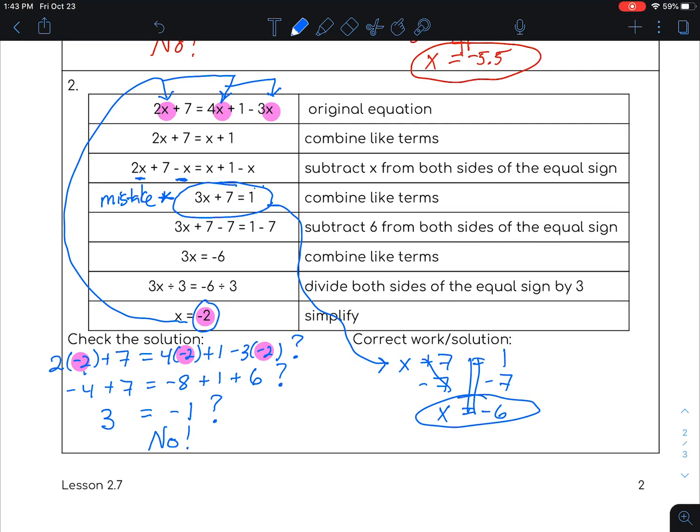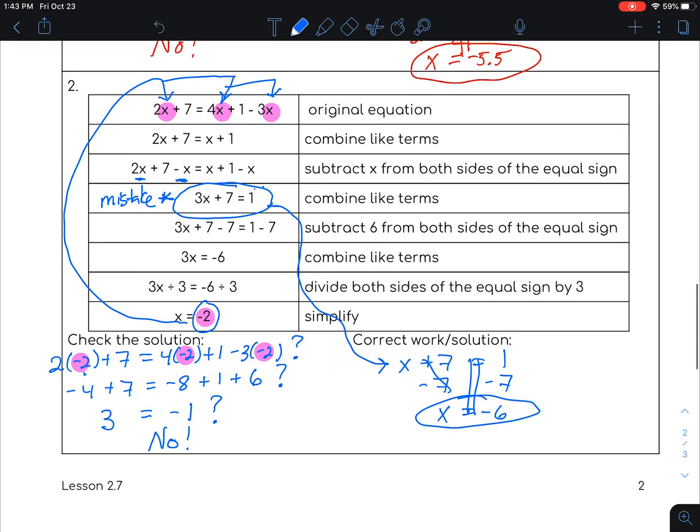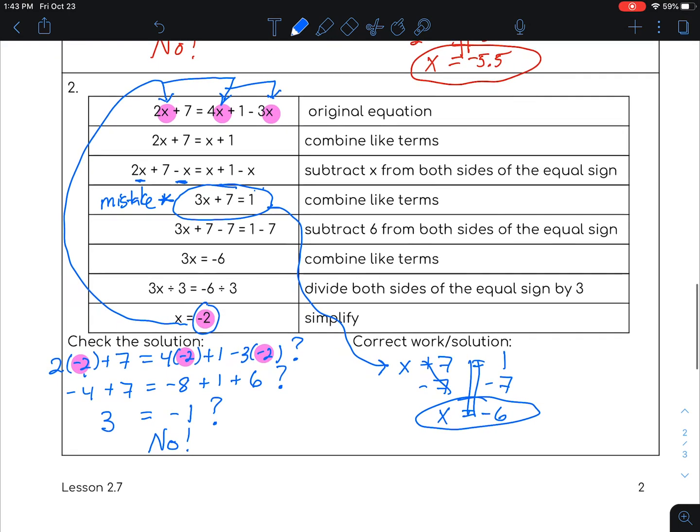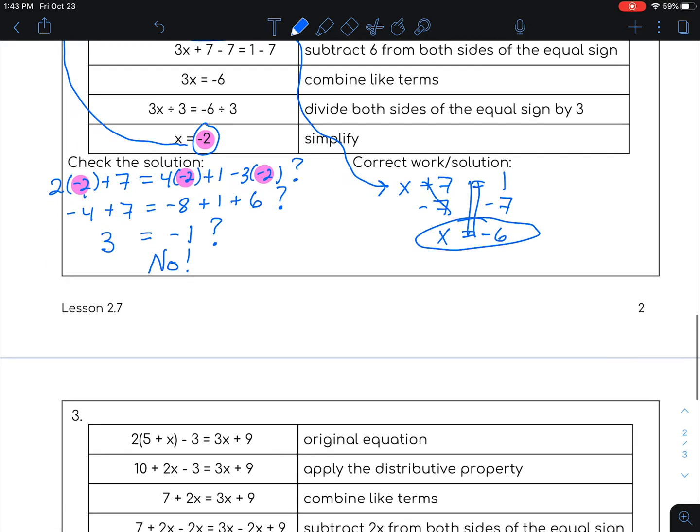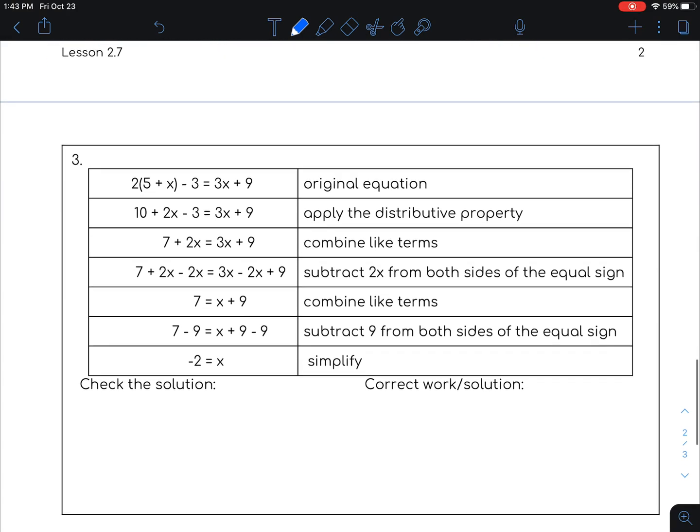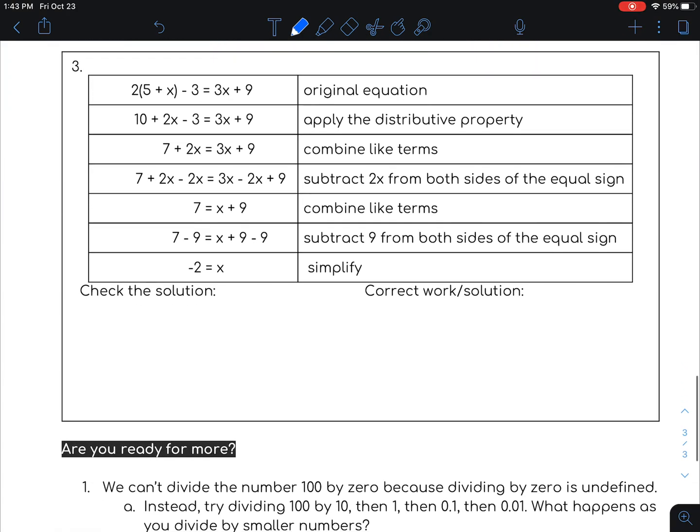So this should be our solution. We plug that back in: 2 times negative 6 plus 7 should be equal to 4 times negative 6 plus 1 minus 3 times negative 6. That would be our correct solution. We can plug it back in to see if that is true, and that should work.